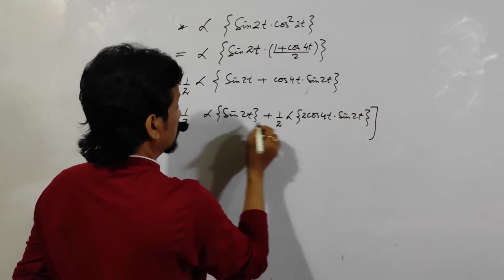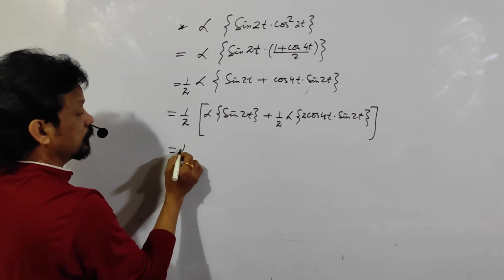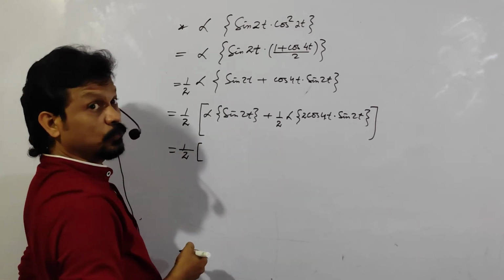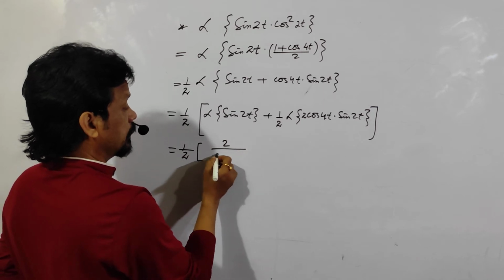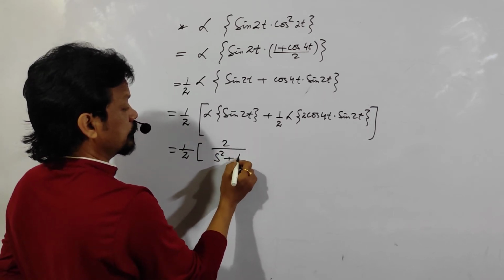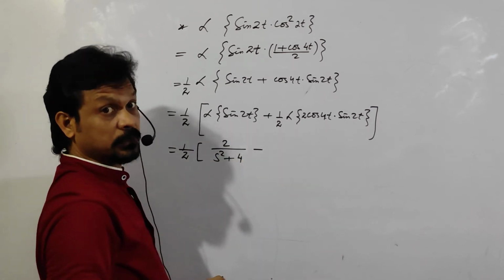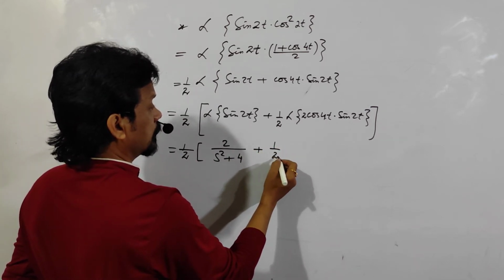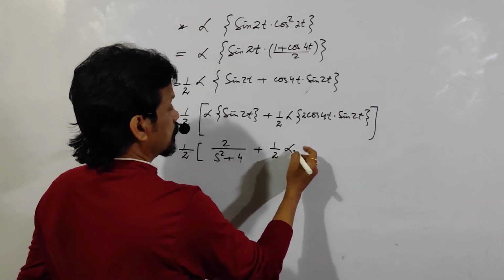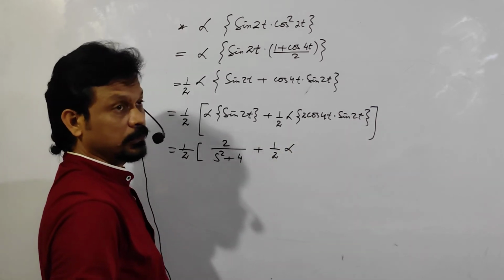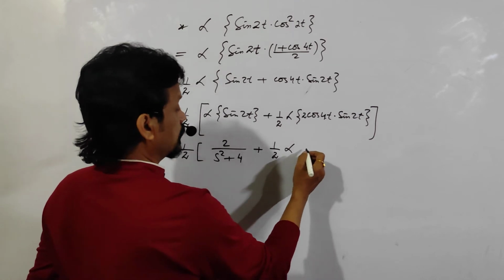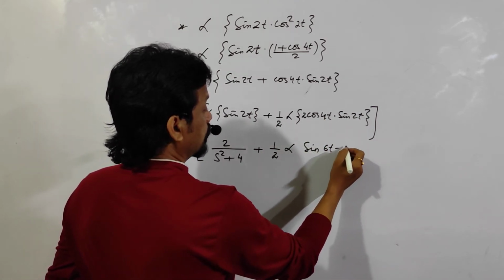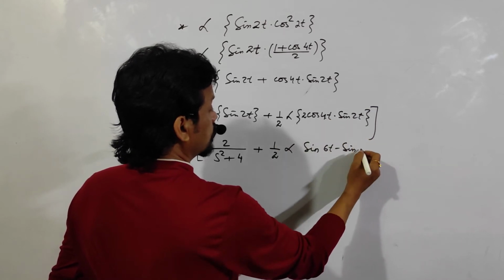So put a bracket here. Clear? So 1 by 2, sin 2t, 2 by s square plus 2 square, it is 4. You should remember the formulas for Laplace transformation. Plus 1 by 2 is there. So Laplace of 2 cos A into sin B, sin A plus B minus sin A minus B. Sin A plus B, 4t plus 2t, it is 6t. Minus sin A minus B, 4t minus 2t is 2t.